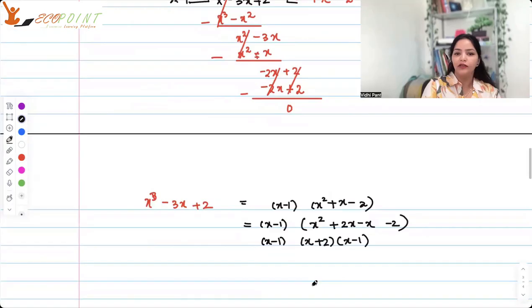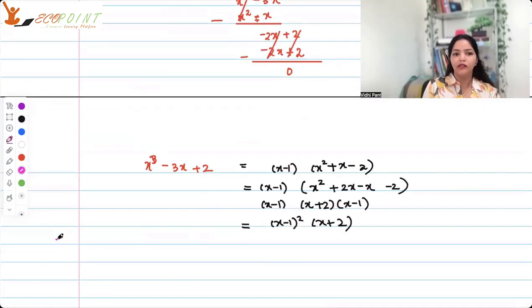Right? So this polynomial is (x minus 1) squared times (x plus 2). So how is this helping me? This is helping me prove that this function is not 1-1. I have been able to prove it because I am getting two roots.